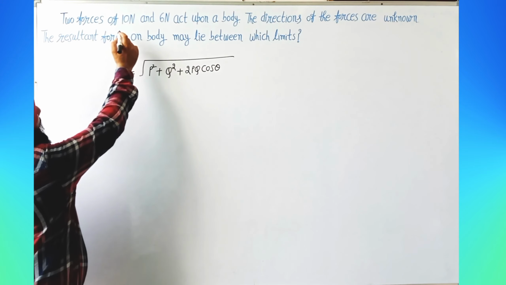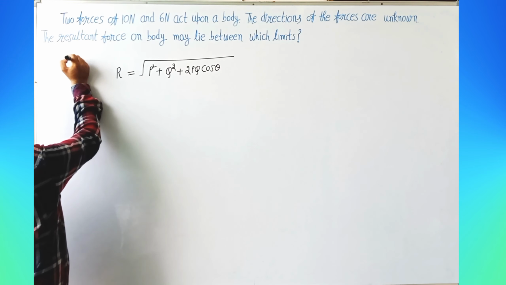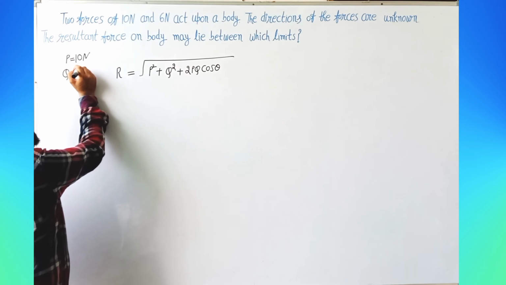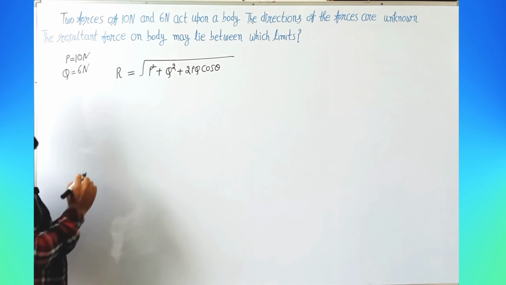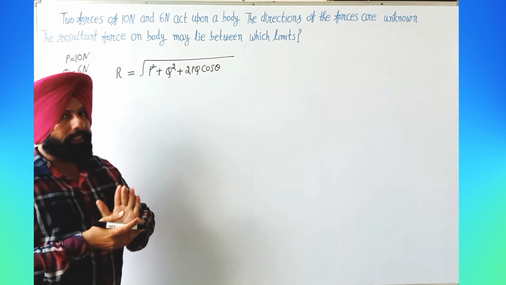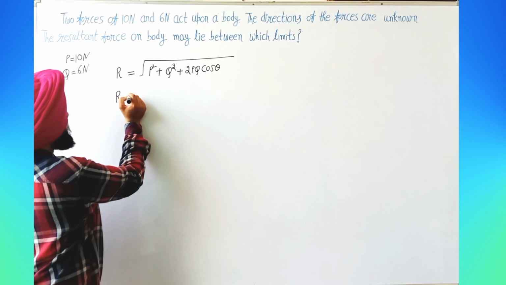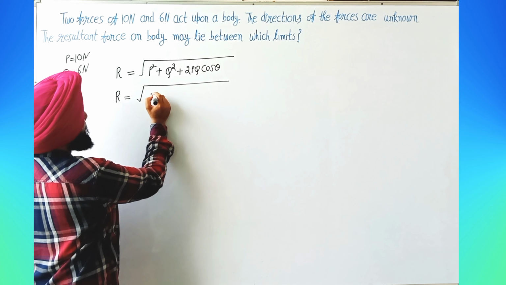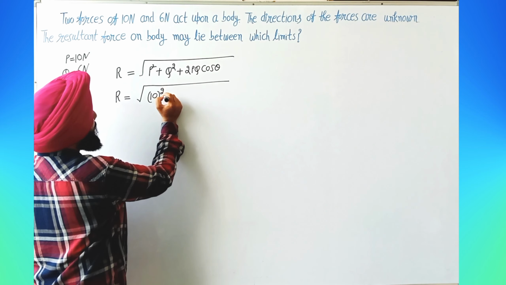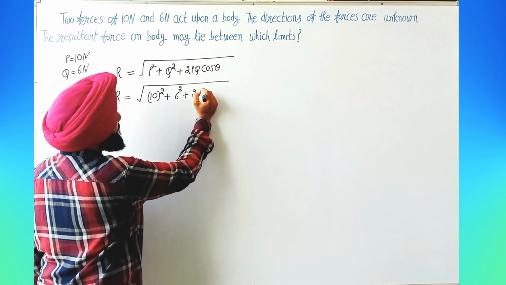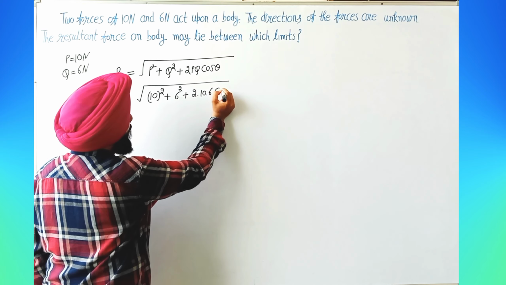Now we have say first force P equal to 10 Newton and Q second that is 6 Newton. Now students, it can be written as R equal to square root of P square means 10 square, plus Q square 6 square, plus 2 multiplied by 10 multiplied by 6 cos theta.